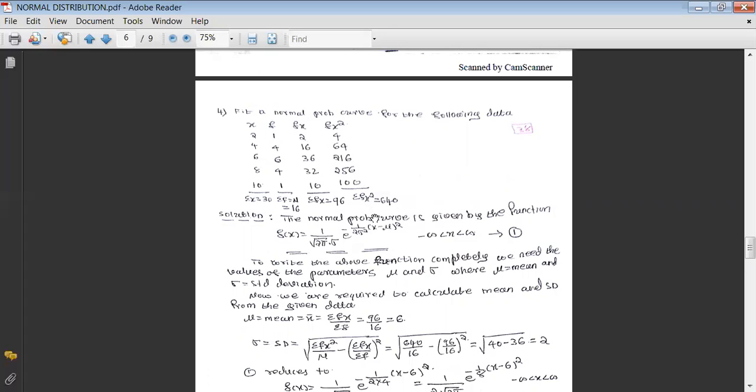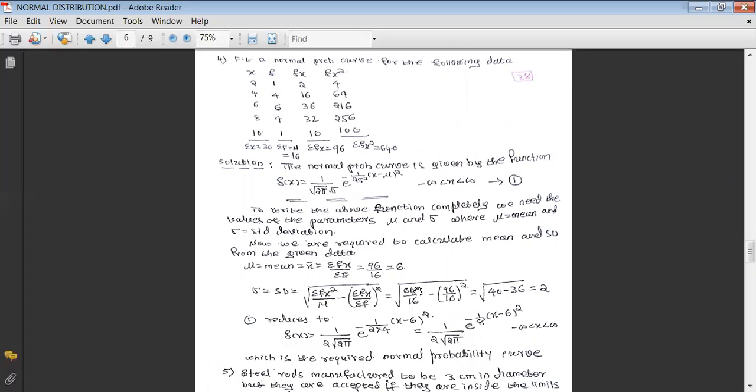Once you add those values, you get 640. Capital N is the total frequency, that is 16, minus summation fx, that is 96, divided by summation f, that is 16, and you take the square of that. 640 divided by 16 is 40, and 96 by 16 is 6, whose square is 36. Under the root we get 4, and the square root of 4 is 2.